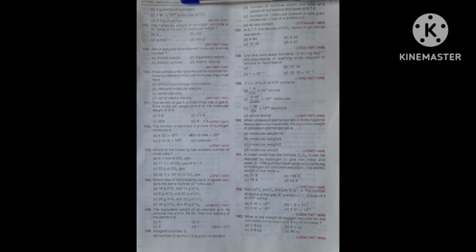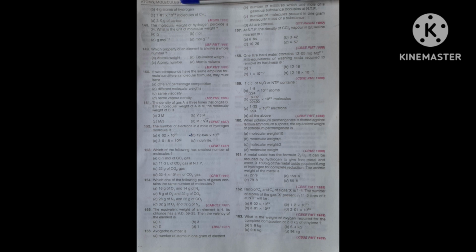First option is 2.8 kg. Second option is 6.4 kg. Third option is 9.6 kg. Fourth option is 96 kg. This question is also asked in the medical examination, CBSE PMT.